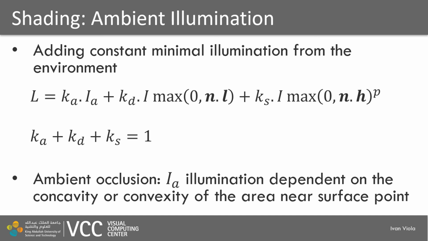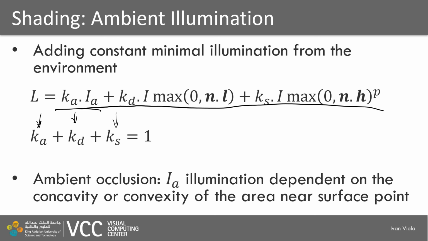So this additional ambient illumination we will model with the term Ka times the ambient illumination component. So here we can see the entire formula now for each light which is used for shading, and now we can model the material properties of our objects in the scene by changing the different coefficients of ambient, diffuse, and specular components.